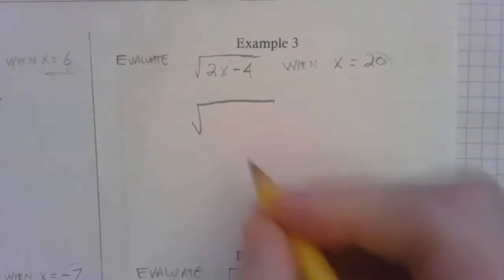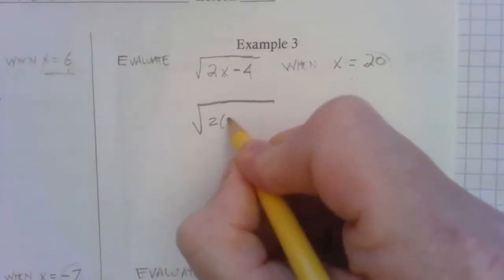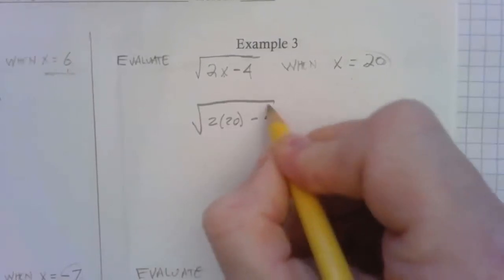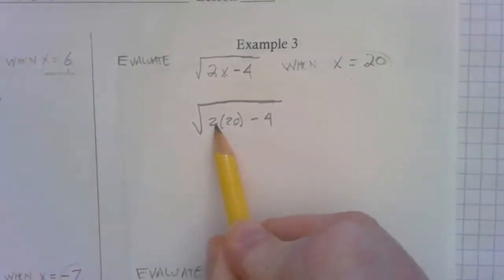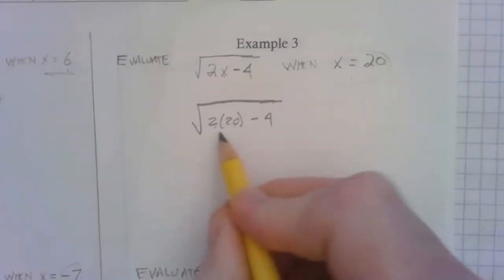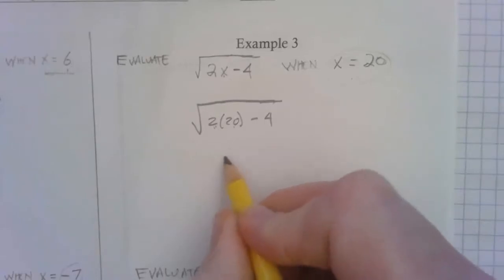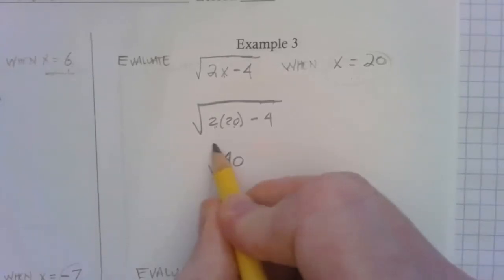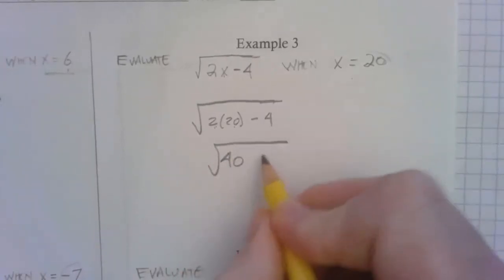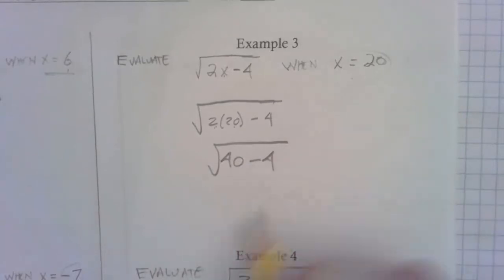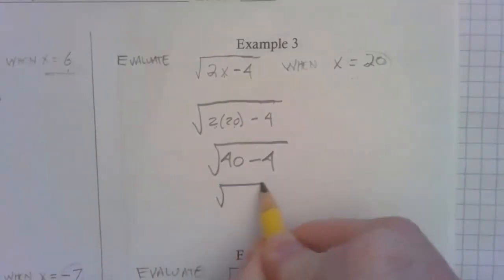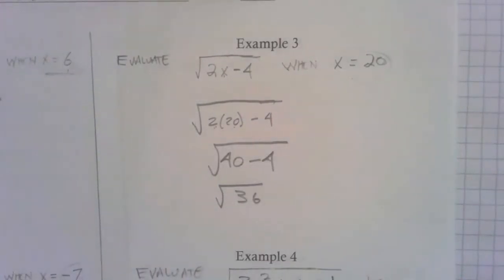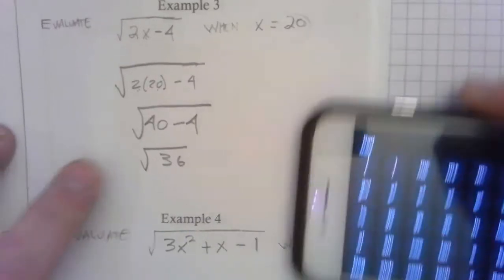It's called the radical. 2 times 20 minus 4. Just simplify the inside. 2 times 20 is, what, 40? Minus 4 is 36.